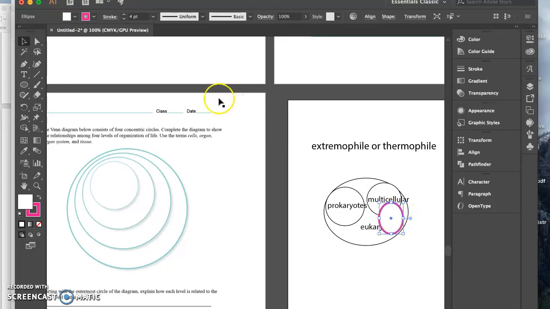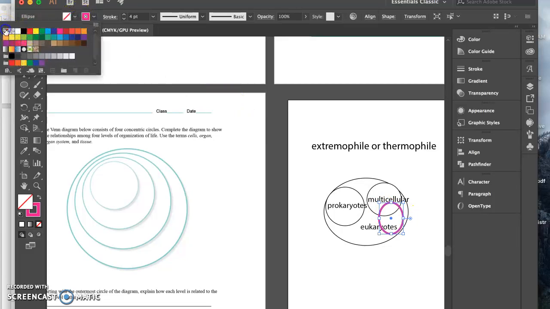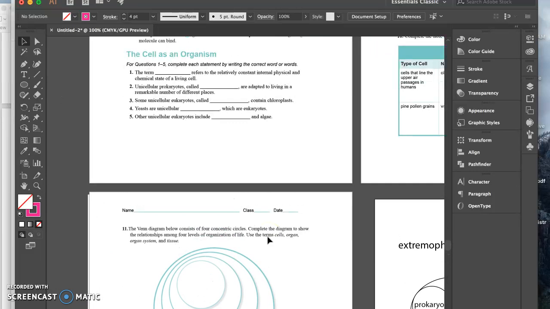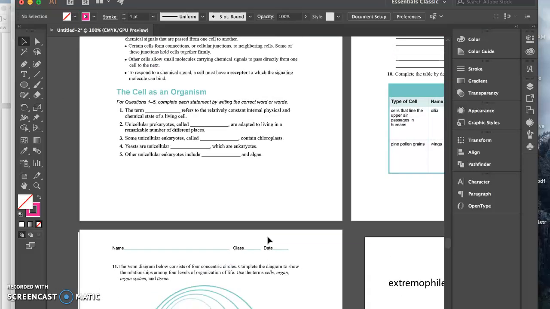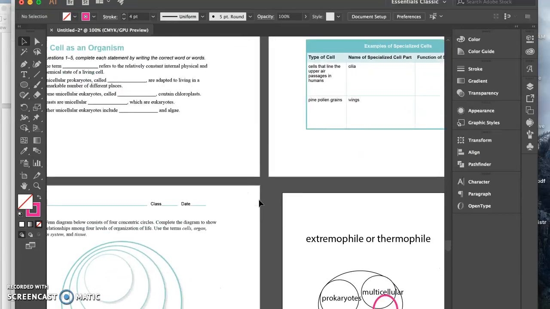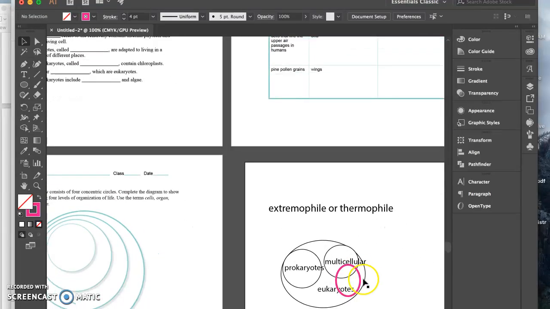Some of them are multicellular, and some of them are not. All right. And then this question number 5, other unicellular eukaryotes include protists and algae. Protists, kind of like this fungi group, we can make a different group.